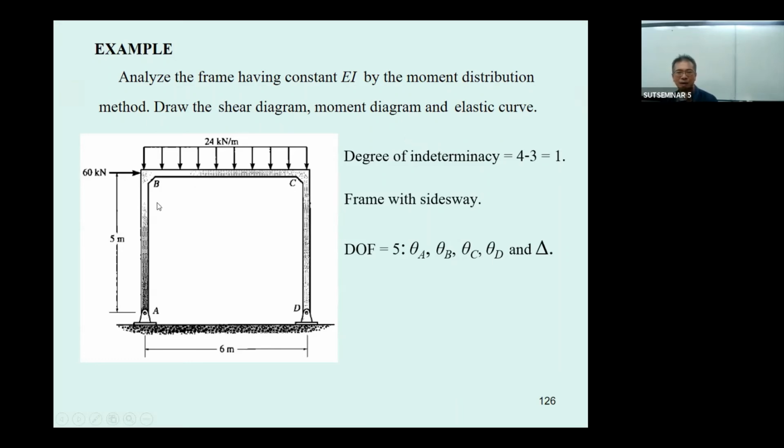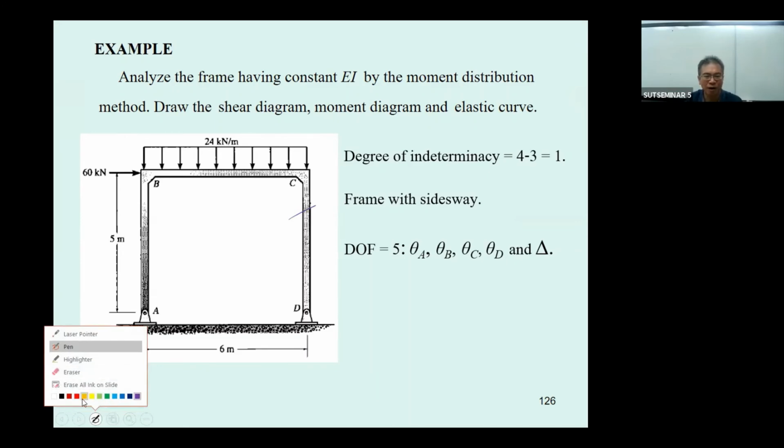This beam has the pin at A, has the pin at D. So the degree of indeterminacy, two unknown, going to be 4, minus 3 equations, degree of indeterminacy going to be 1.